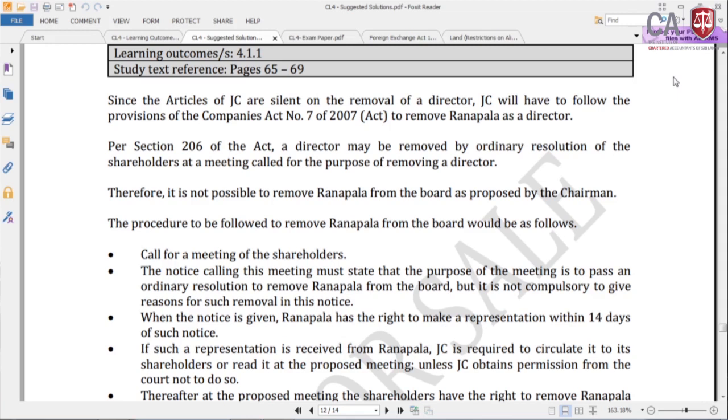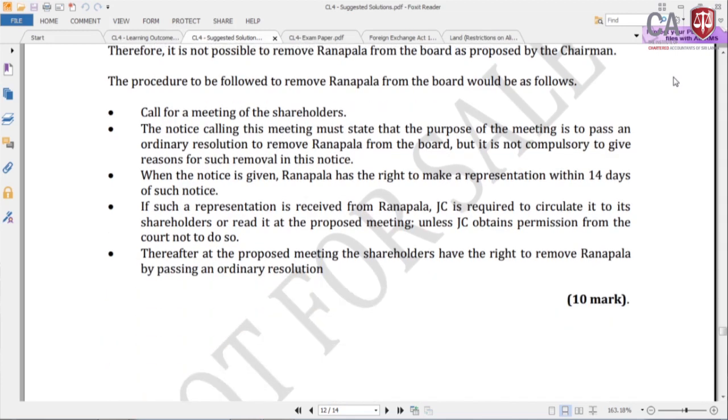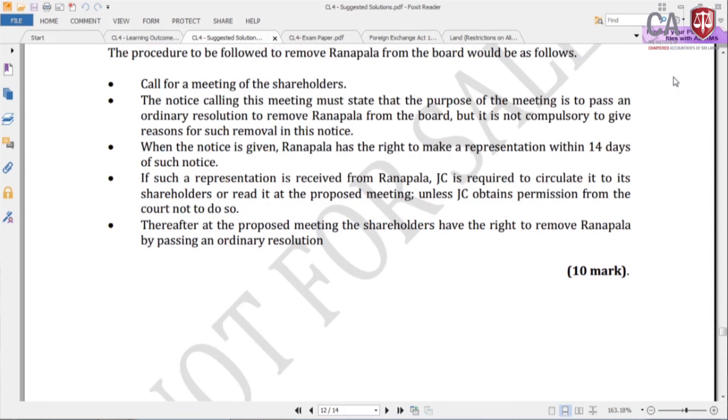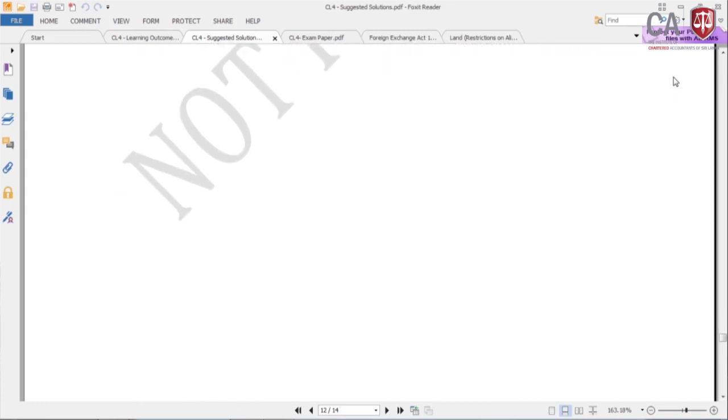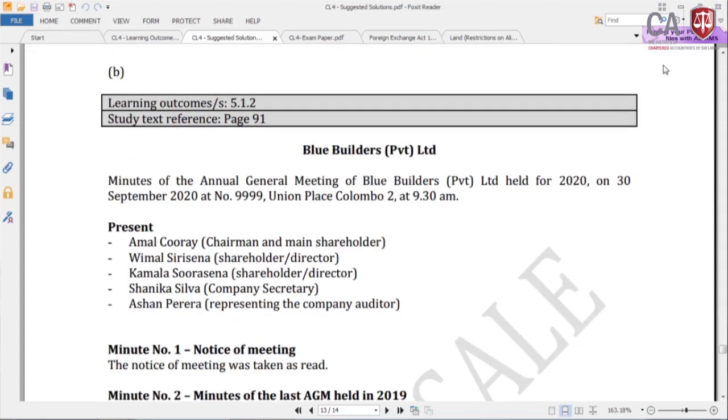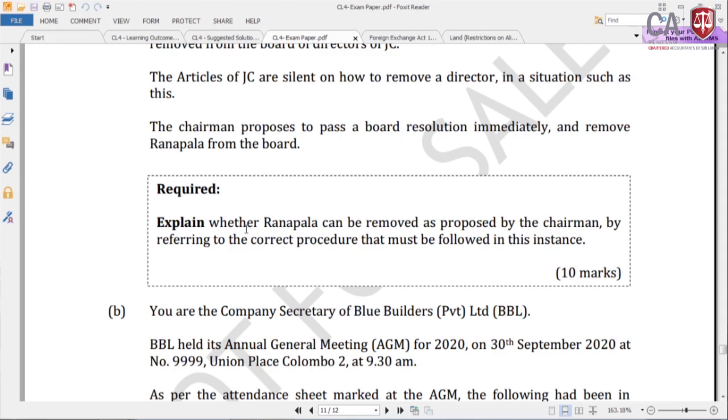If such a representation is received from Ranapala, JC is required to circulate it to its shareholders or read it at the proposed meeting unless JC obtains permission from the court not to do so. Thereafter, at the proposed meeting, the shareholders have the right to remove Ranapala by passing an ordinary resolution. So that is how Ranapala as a board director can be removed from the company.